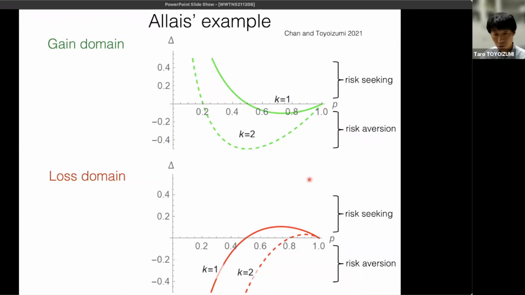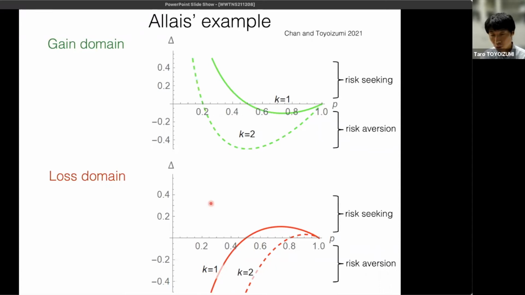And the model also reproduces the mirror effect. Note that qualitatively speaking, the curve for the loss domain is flipped by the mirror, so that at a higher punishment probability the model predicts risk-seeking, and at a lower punishment probability it predicts risk aversion, consistent with the experimental observation.